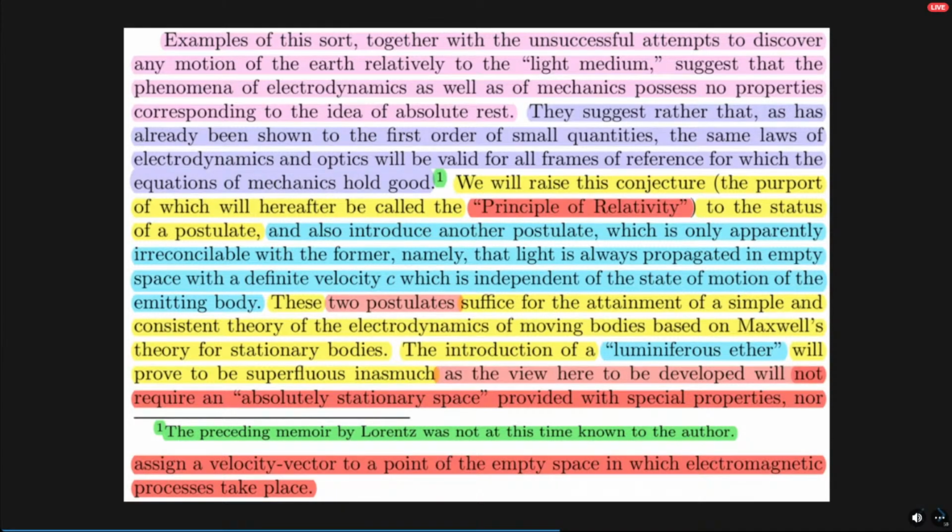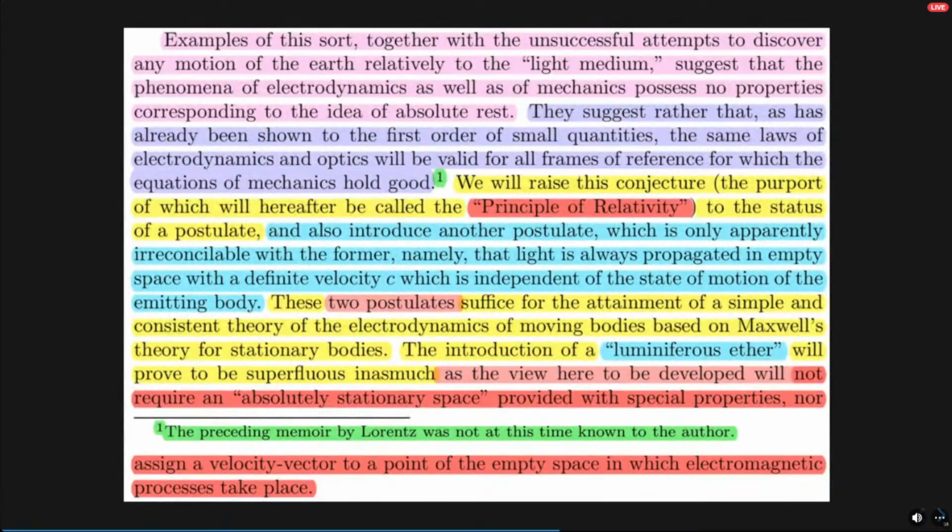The introduction of a luminiferous ether, quote unquote, will prove to be superfluous inasmuch as the view here to be developed will not require an absolutely stationary space provided with special physical properties, nor will it assign a velocity vector to a point of the empty space in which electromagnetic processes take place.